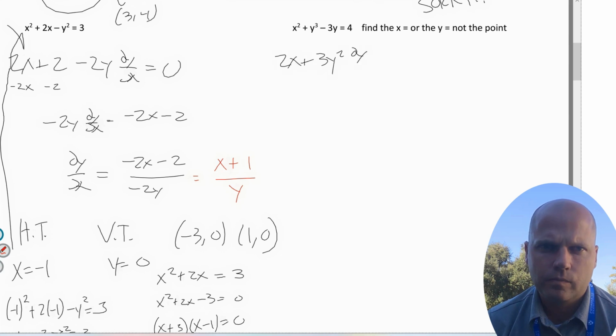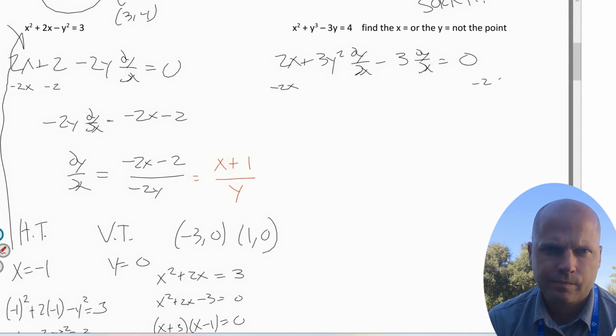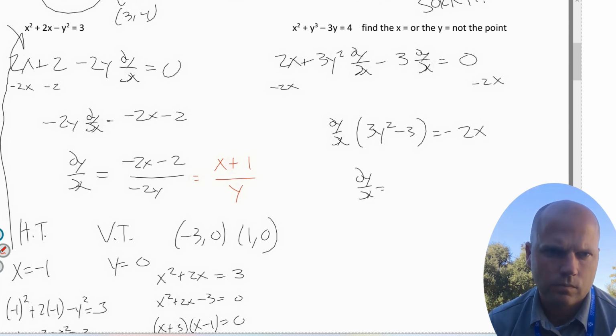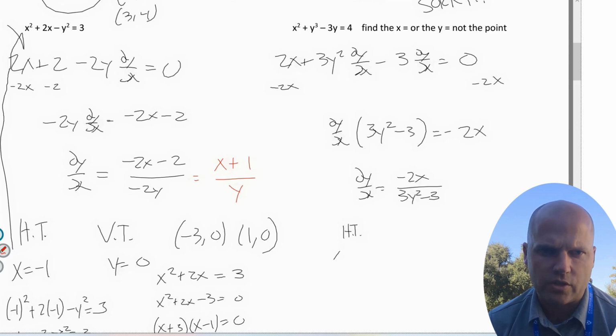So divide. Top equal to 0 gives the horizontal tangents.